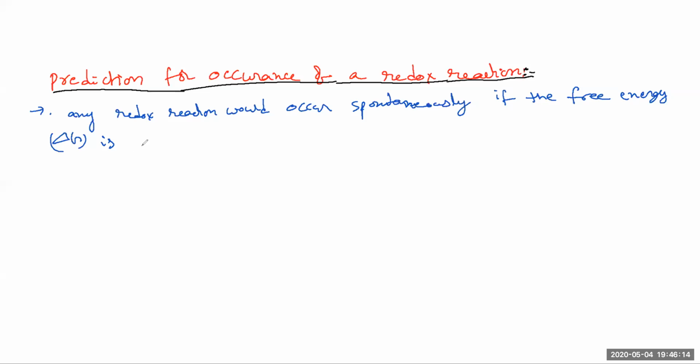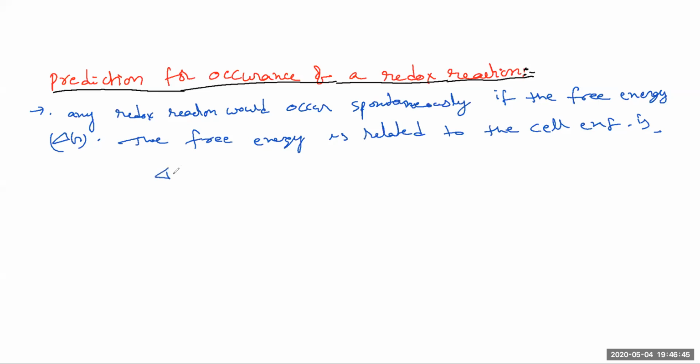The free energy related to the cell EMF is, so it is spontaneous when delta G is negative, that is delta G naught is equal to minus NF E naught.